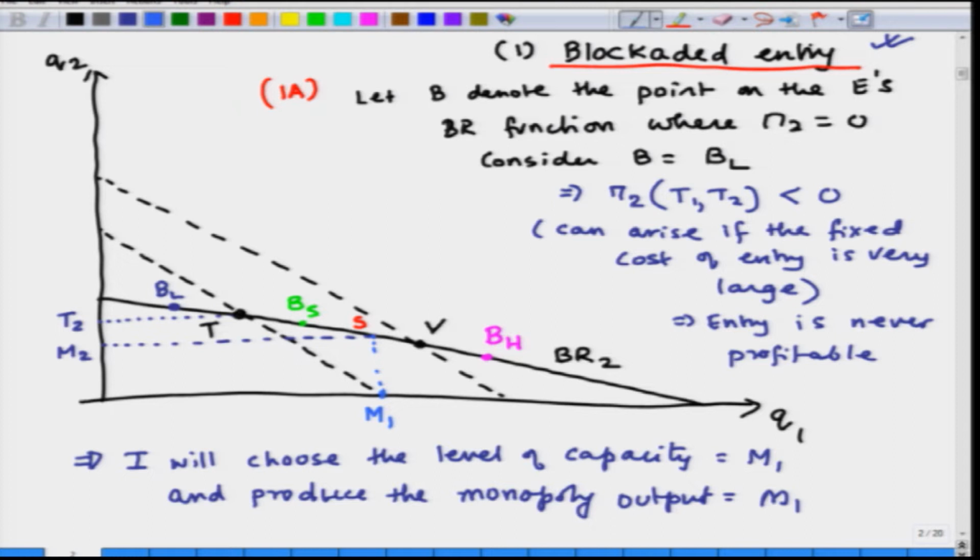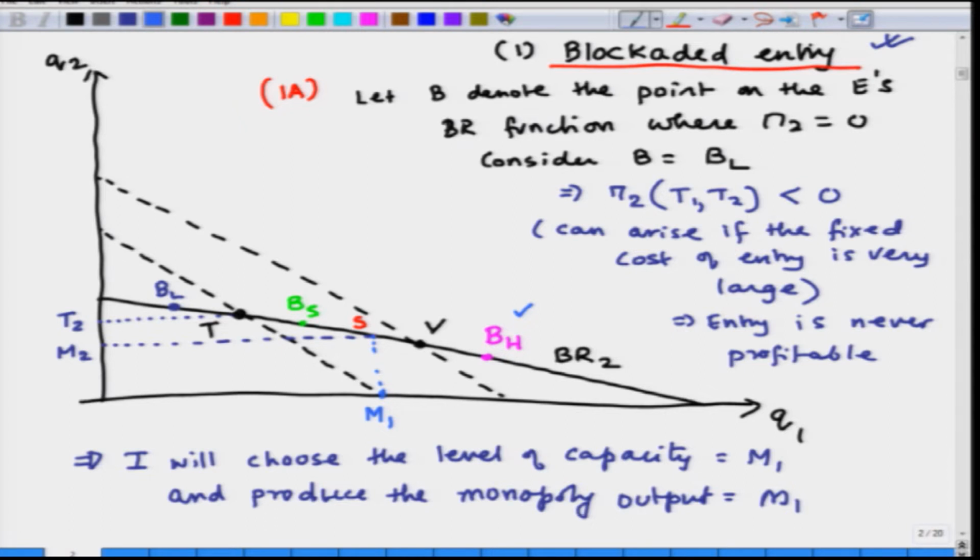The incumbent simply produces the monopoly level of output and therefore installs just the monopoly level of capacity. In the other case where the fixed cost is high but not substantially high, again the entrant would not want to enter, and the incumbent is better off choosing the monopoly output. And finally, when the fixed cost is low, let us say at BH, then the incumbent is better off accommodating the entrant and being the Stackelberg leader.